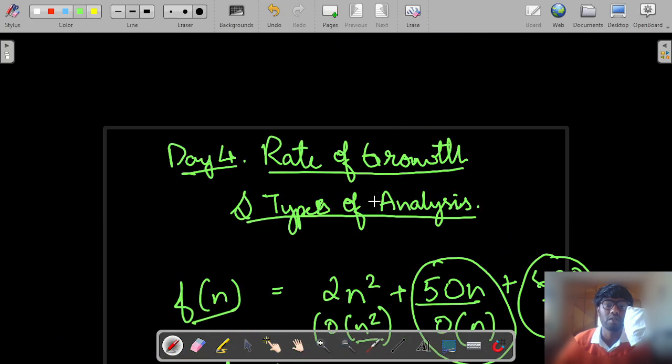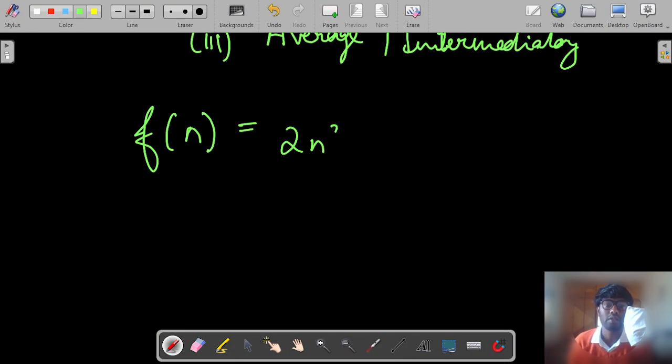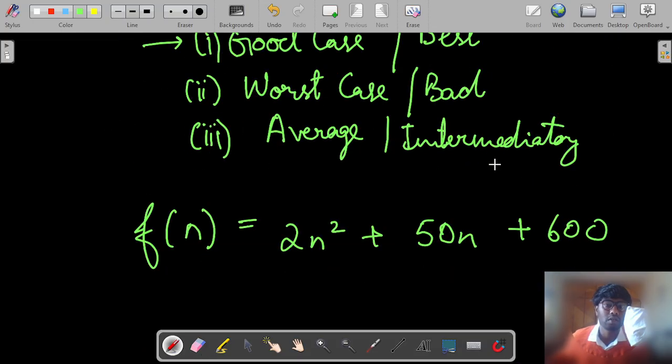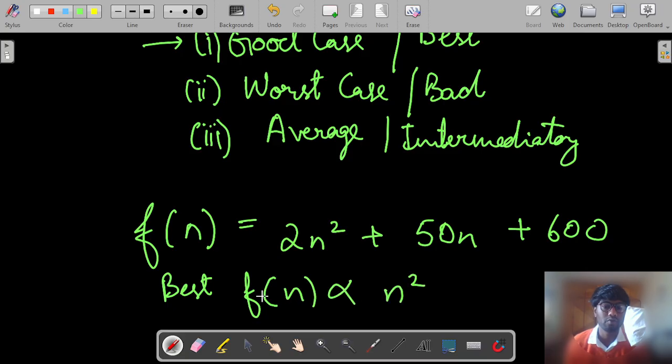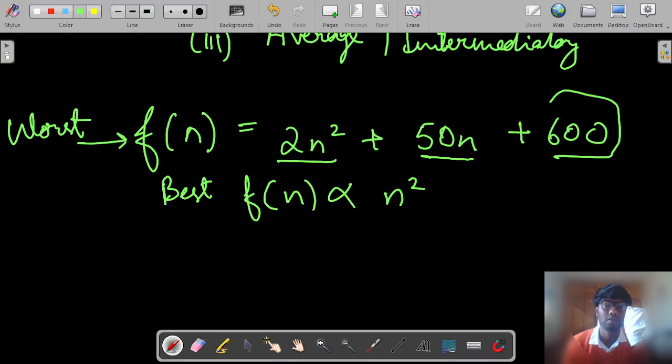So let's say in our function, which we rounded off to O of n square, if you see 2n square plus 50n plus 600, right? We can say the best case time complexity would be directly proportional to O of n square, and in the worst case, this is the entire worst case where we also add up 2n square, 50n along with the 600 constant, along with the lower influencing factors of 50n and also the constant.